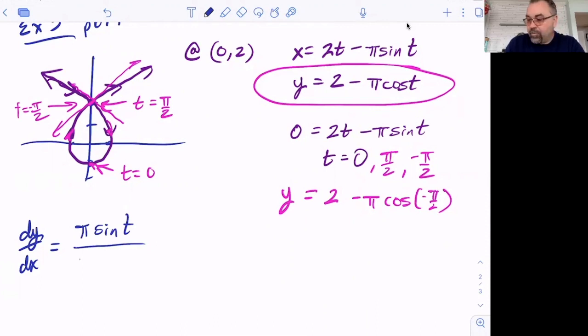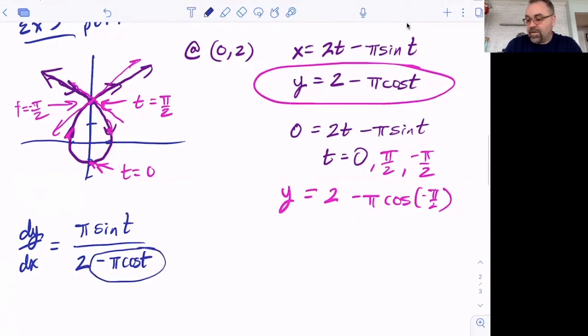We're still going to have a 2 minus pi, and then we're going to get cosine t right here. And at pi over 2 or negative pi over 2, what's going to happen down here in the denominator is this guy is going to go to 0. So basically we're going to get pi times the sine of pi over 2 over 2. Well, that's pi over 2.